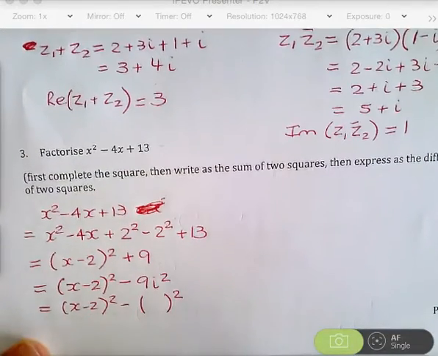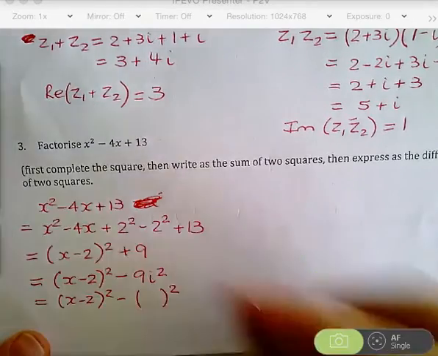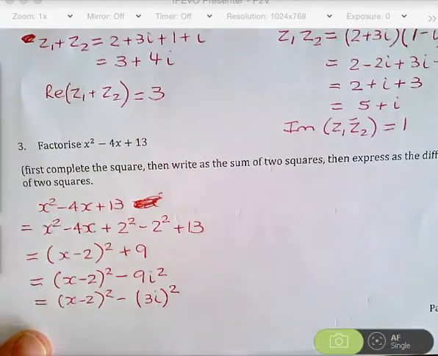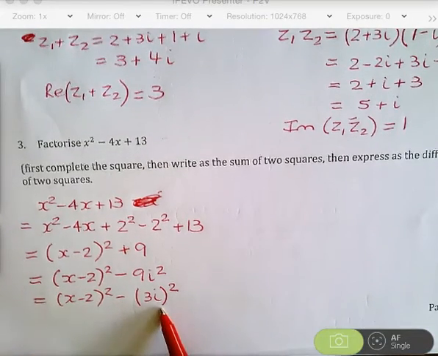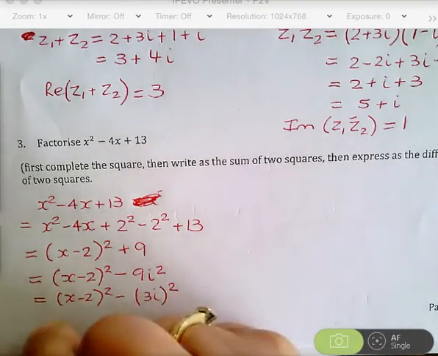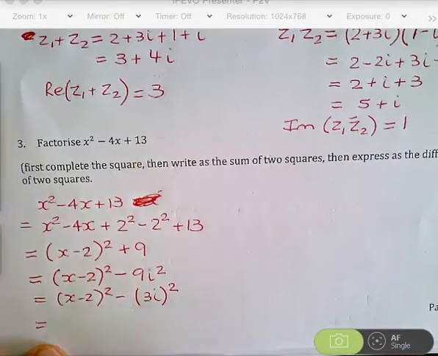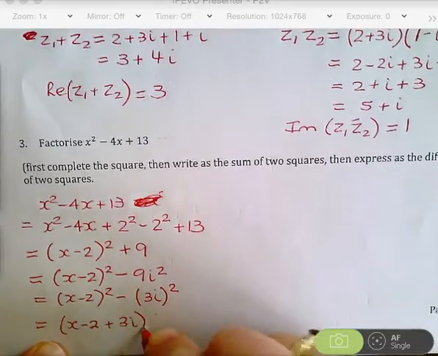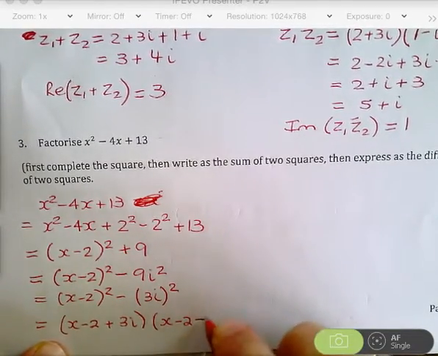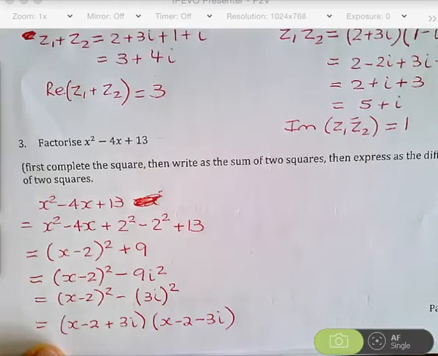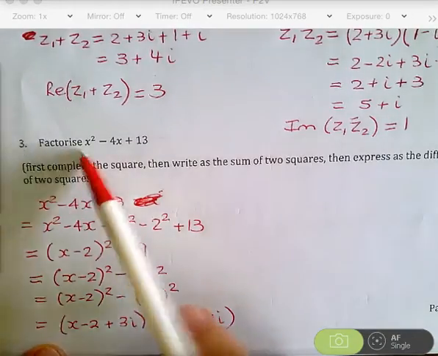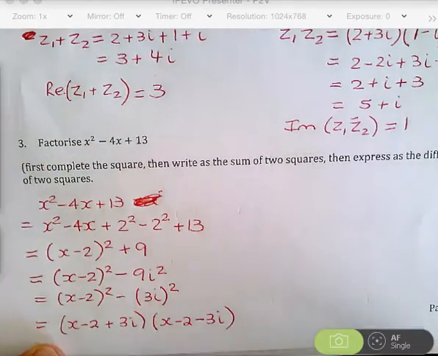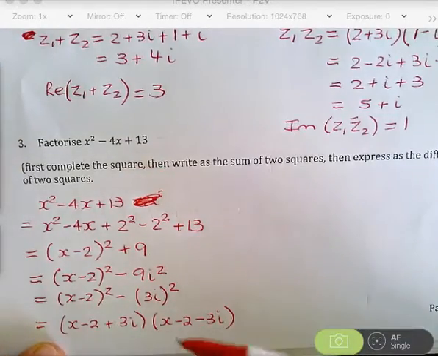What should I put in those brackets that I've just written? 3i. So now a is x minus 2 and b is 3i. Can you see that? So now, how do I factorize a squared minus b squared? a plus b, a minus b. Okay? So I have just factorized that. I'm not solving an equation here, I'm just factorizing that.